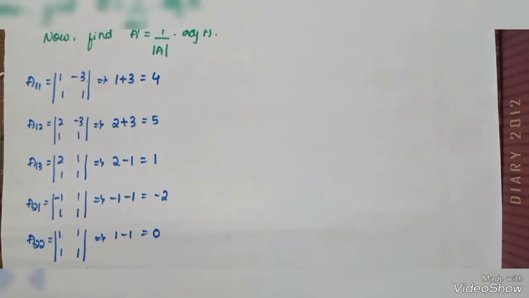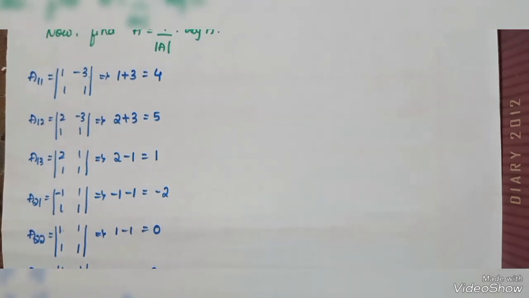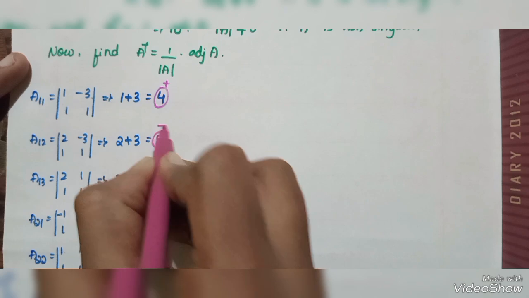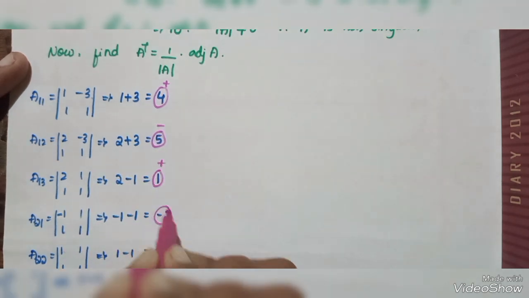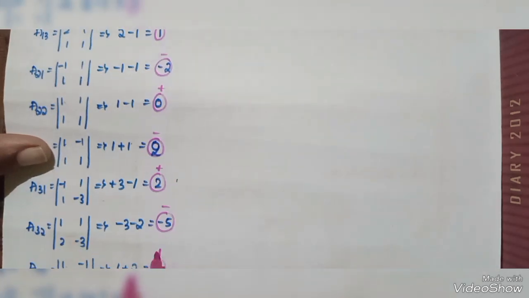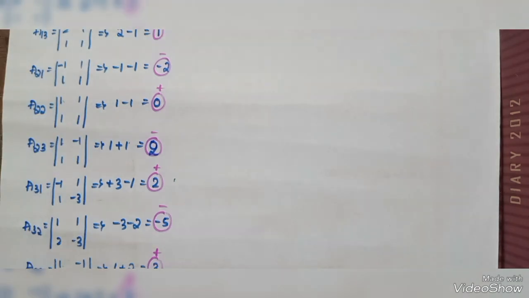Now we have to multiply the signs. Taking the signs, starting with plus, plus, minus, plus, minus, plus, minus, plus, minus, plus. It starts with plus as well as ends with plus. Alternate symbols have to be multiplied.